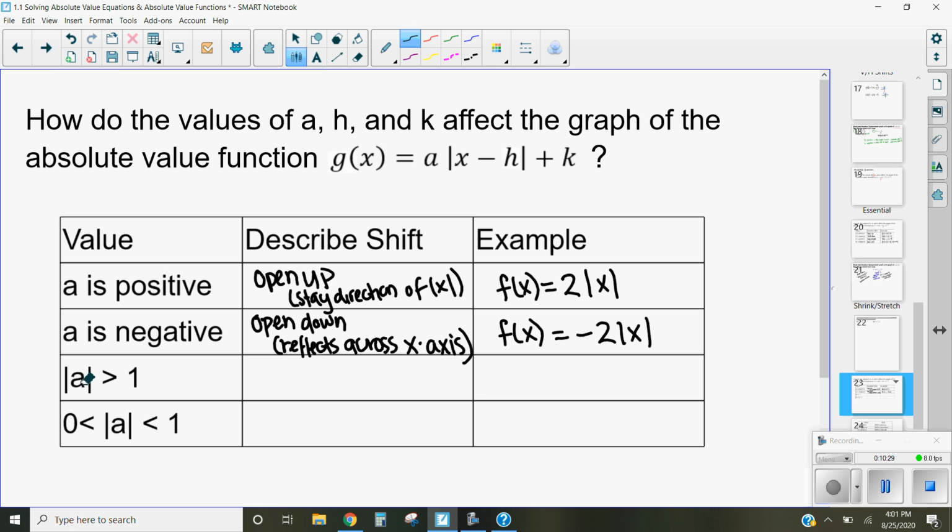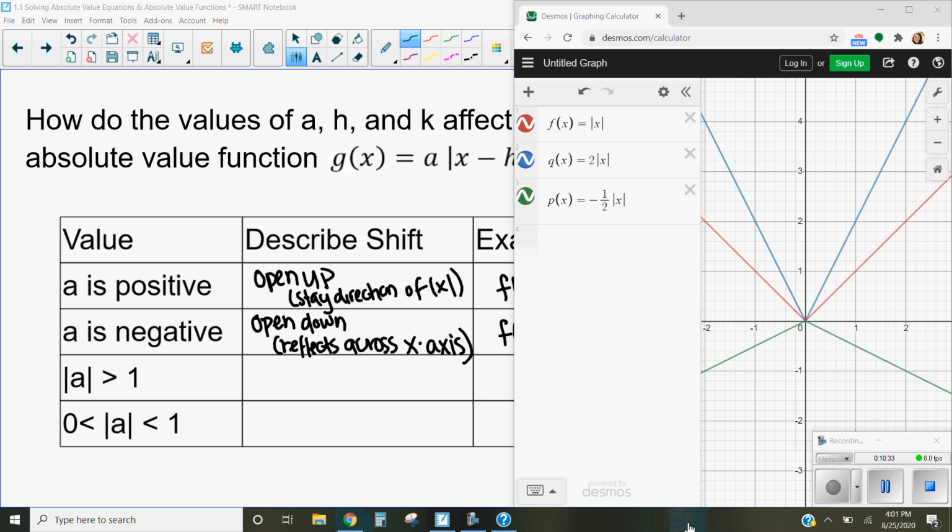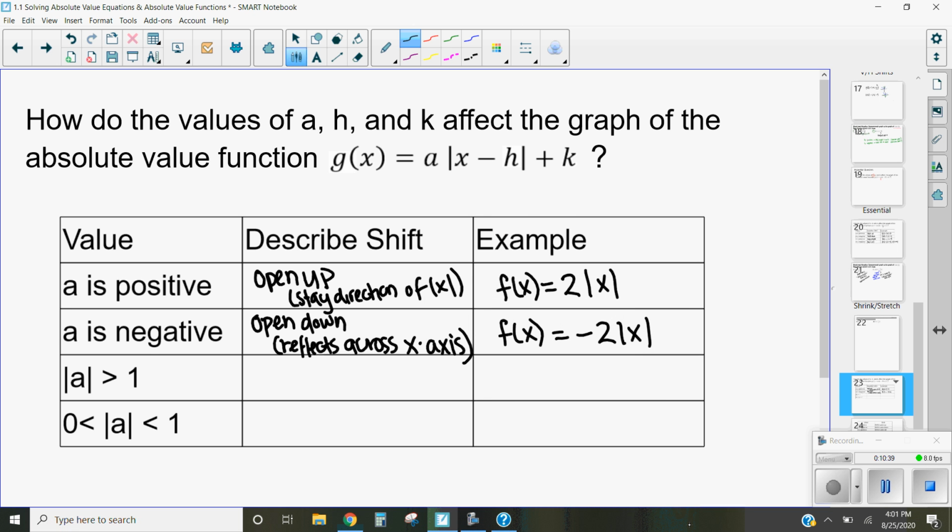So notice when we looked at the function that was 2 times the absolute value of x, notice that it had a vertical stretch. That's the way that we describe it. So it's a vertical stretch, and it's by a factor of a.